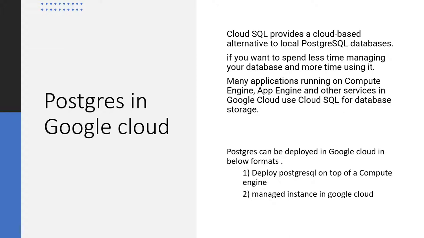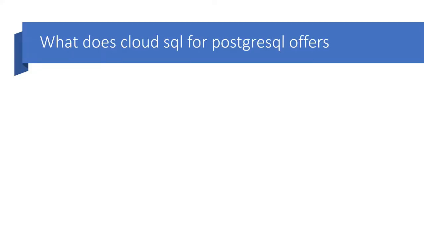One is you deploy PostgreSQL in the virtual machine as infrastructure as a service, or you have a pre-configured PostgreSQL instance running on a virtual machine, which is called the managed instance, wherein you will not have access to the operating system. So these are the two options which are available in Google Cloud.